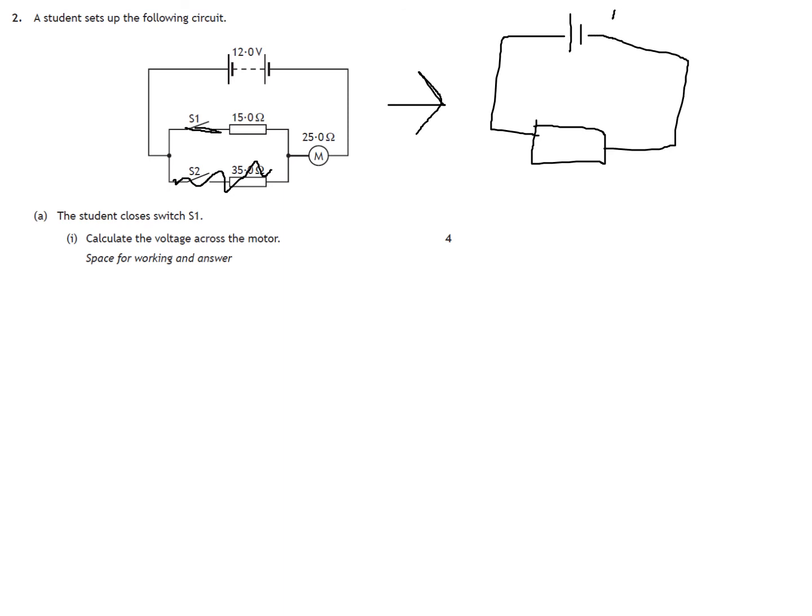So this is 12 volts. Okay, that's 15 plus 25, which is 40. And then from there, we're back to our good old friend, the simplest circuit. So current would just be 12 over 40, which means it's 0.3 amps.